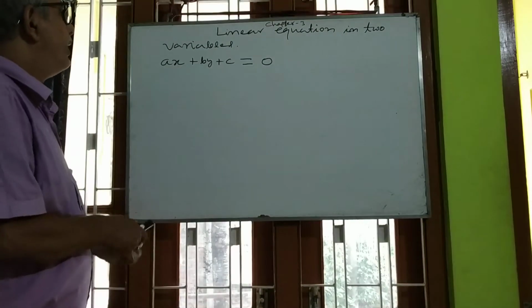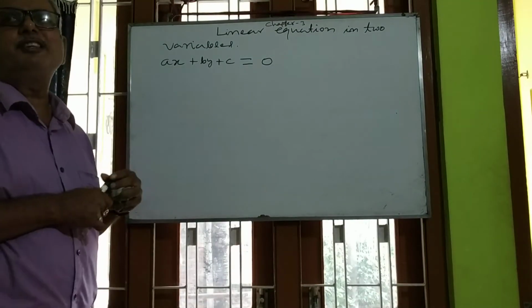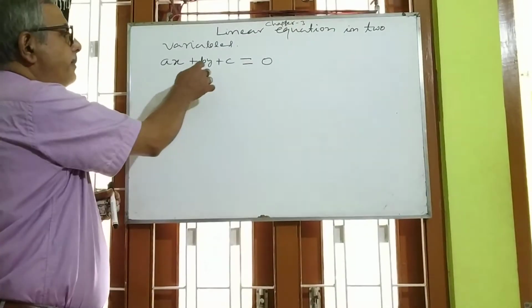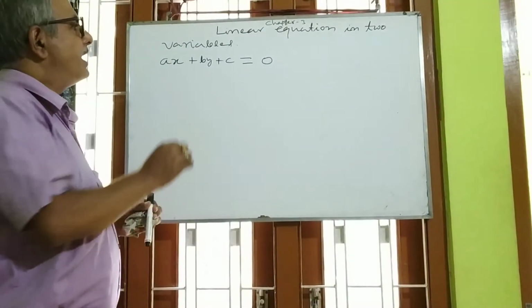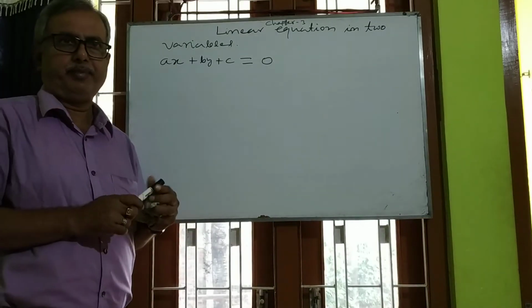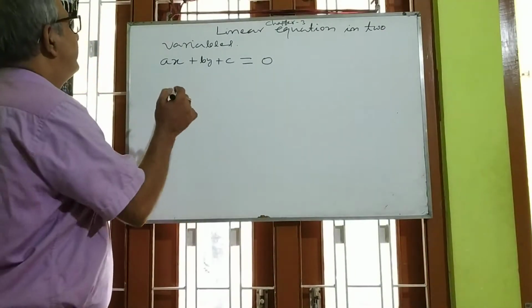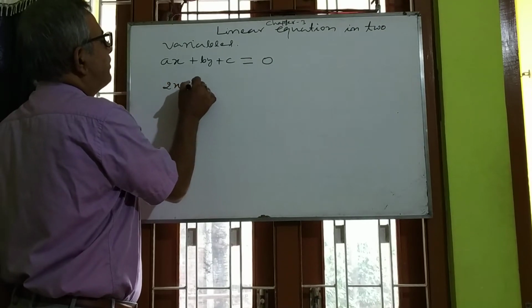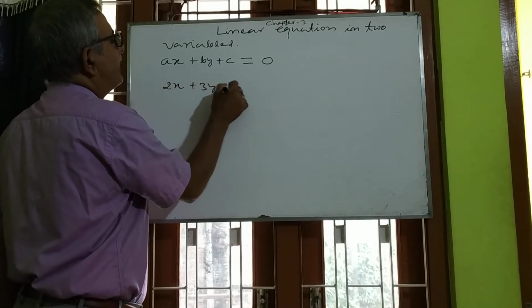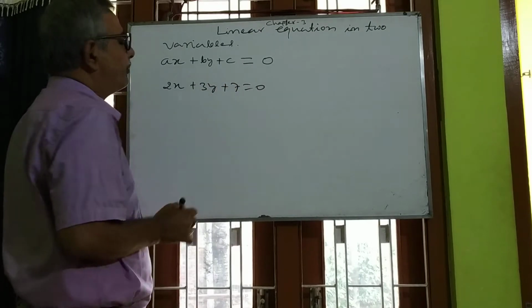Now, A means what? The coefficient of x. B means coefficient of y. And C is the constant term. One more you take. Suppose 2x plus 3y plus 7 is equal to 0.